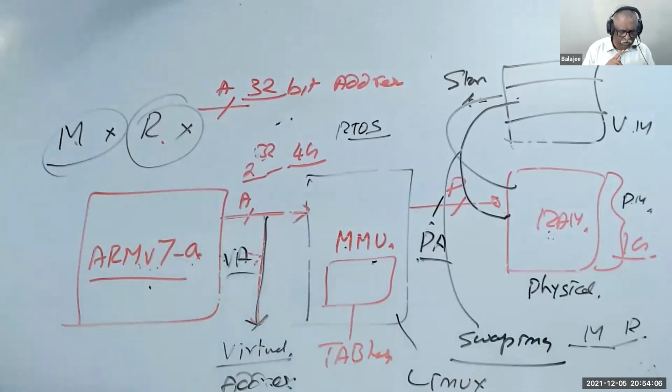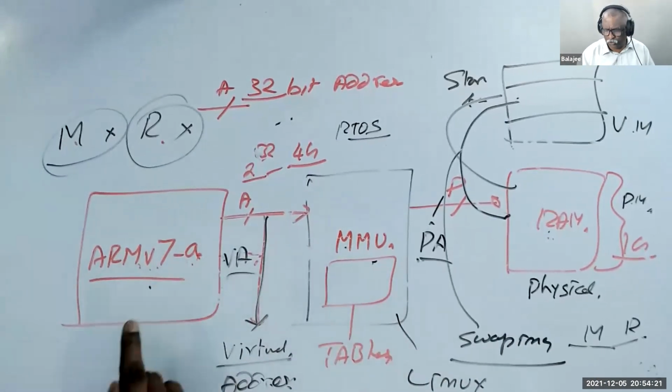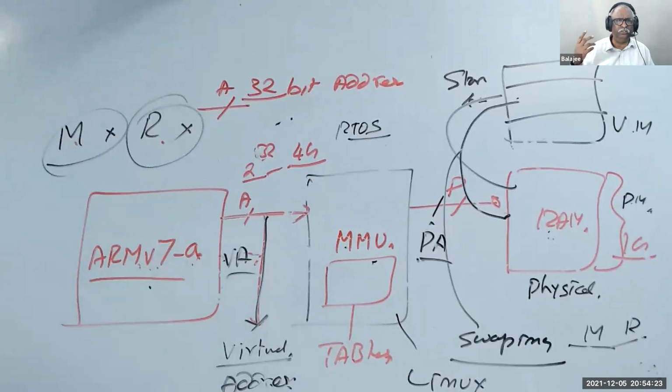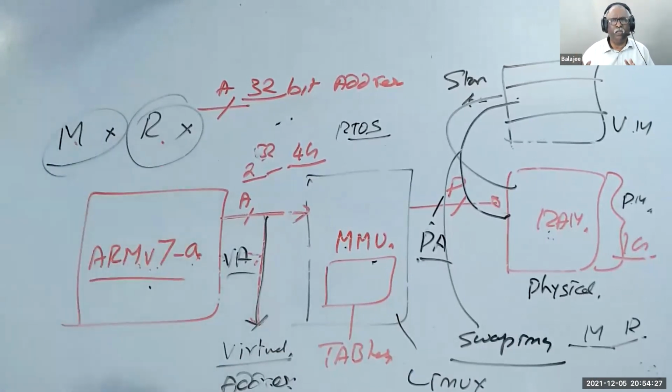Both mobile phones and laptops, Linux PCs, use the Linux kernel. Whoever uses the Linux kernel needs this A series. That's why all your mobile phones use the A series. They never use the R or M series. Any doubts?